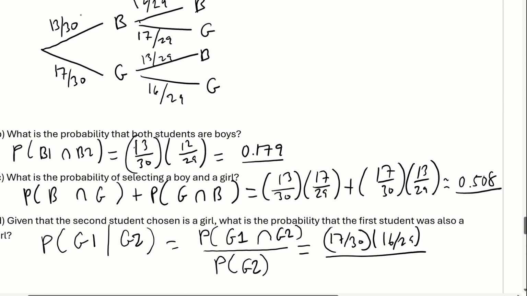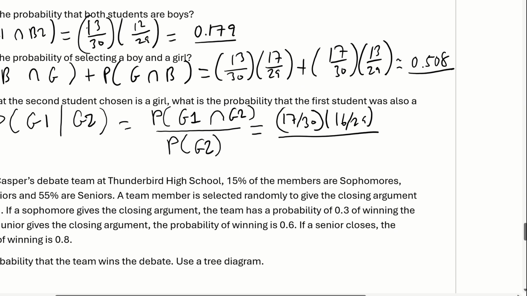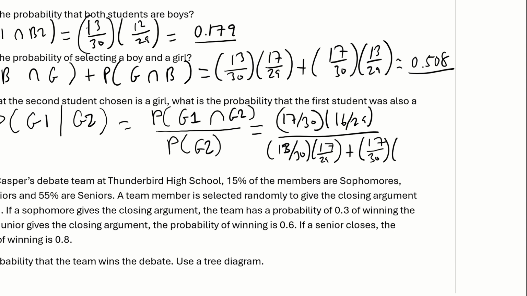13 out of 30, 17 out of 29. So you can get a boy, then a girl, or you can get two girls. So a girl and then another girl. What was it? 17 out of 30?